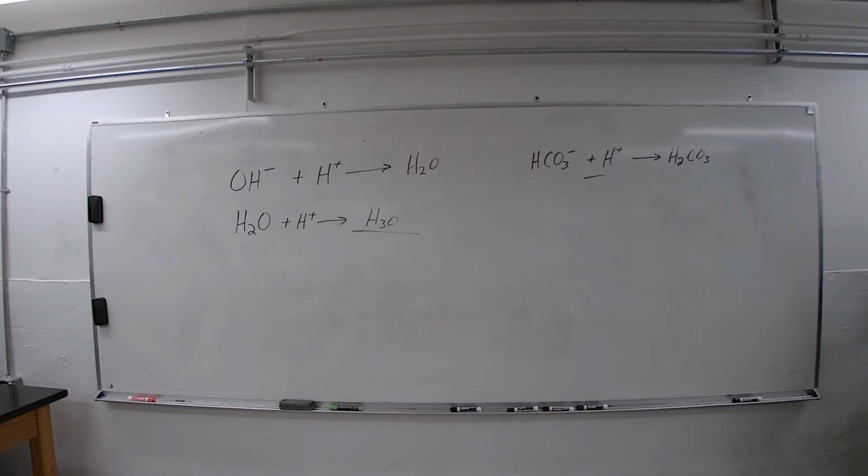Which one is an acid and which one is the base? H2O is the acid, OH negative is the base. The acid has an extra H.